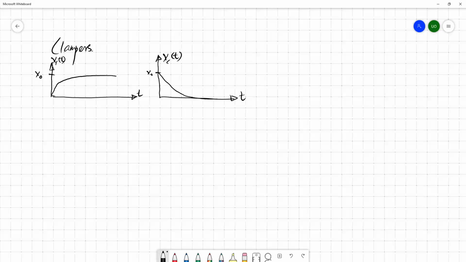Once you apply a voltage across the capacitor, it charges up to V naught. So V naught is the maximum voltage applied across the terminals of the capacitor.